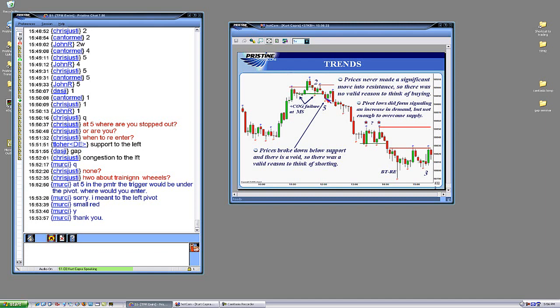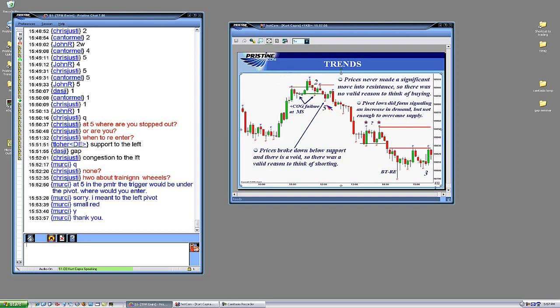So once we got this breakdown, there was nothing to stop prices from falling. So based on this shakeout and breakdown under major support, there was valid reason to think of shorting.